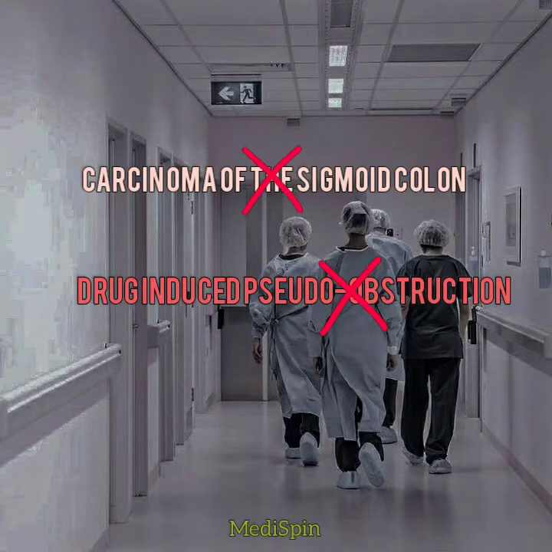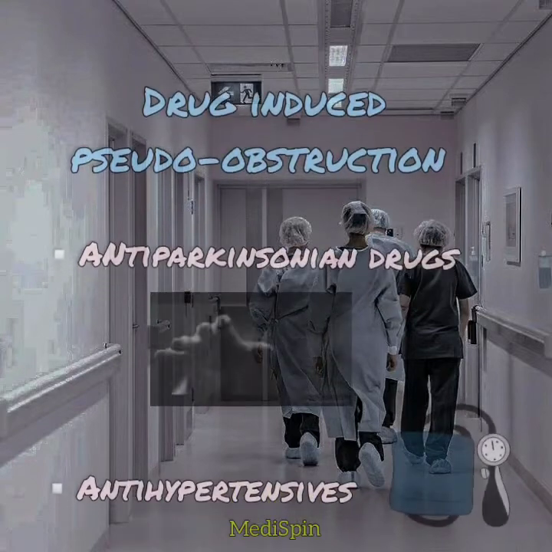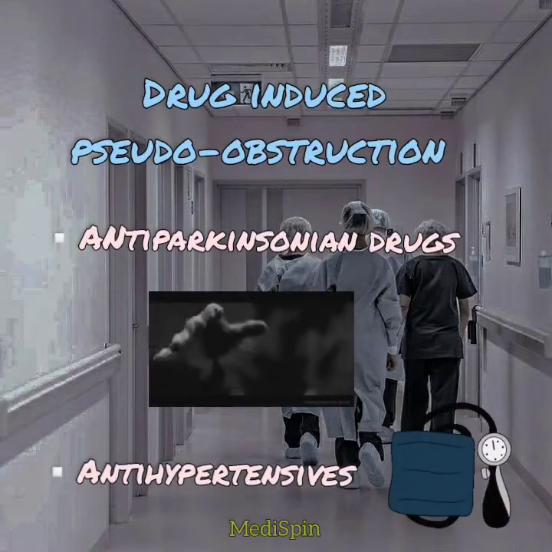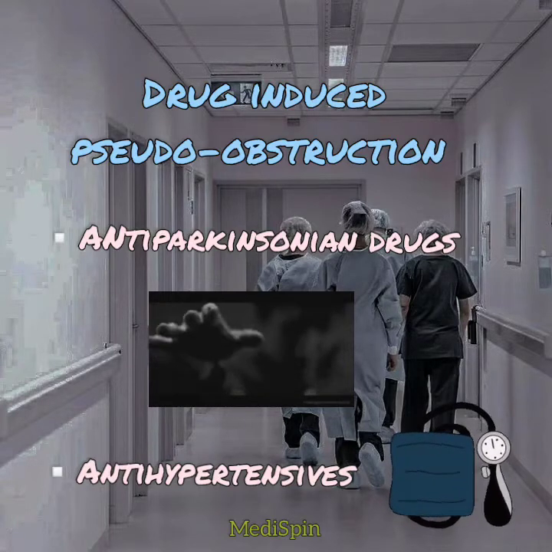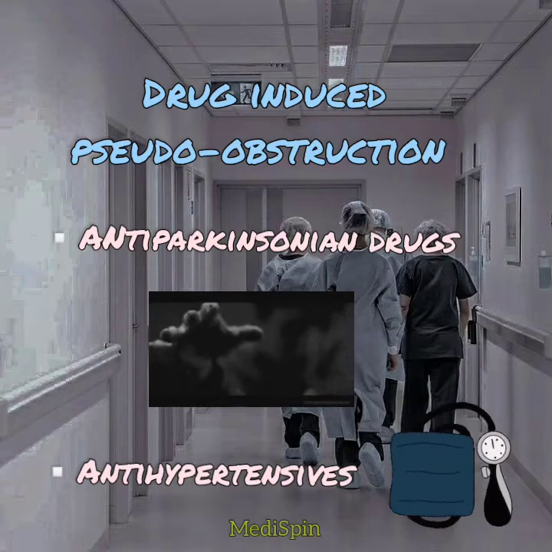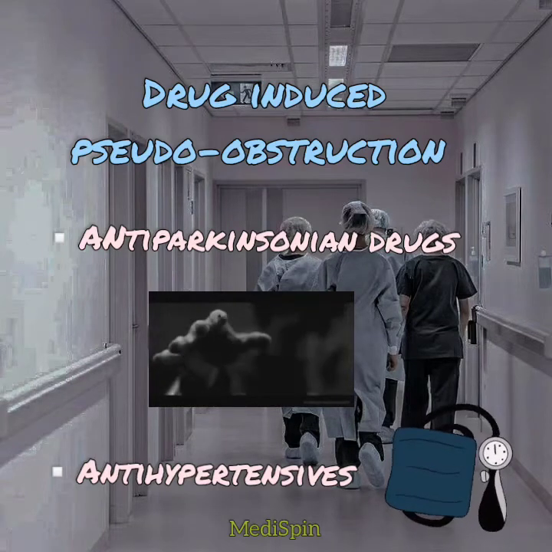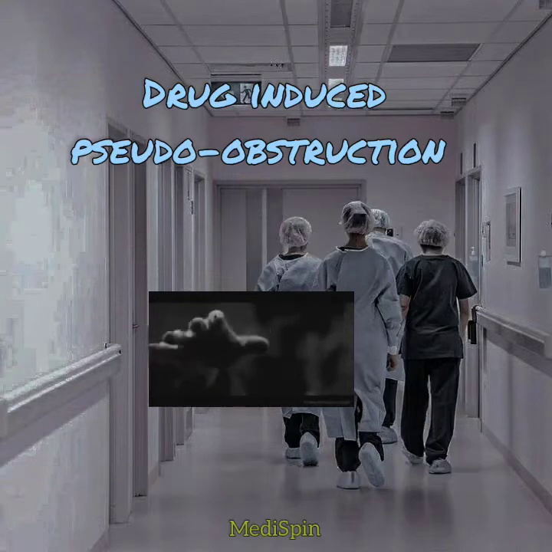So drug-induced pseudo-obstruction is again out. Although it can affect both the large and the small bowel, and he is taking medication for Parkinson's disease, and also antihypertensive medications, both of which can cause drug-induced pseudo-obstruction, this is not something that this patient has. It's not because of his Parkinson medication.